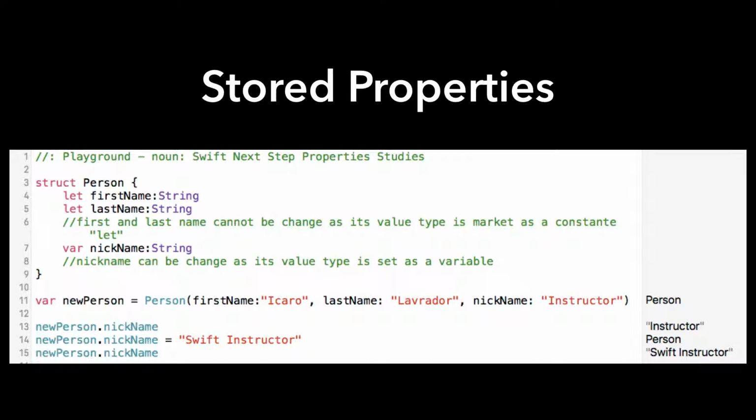Then when I call person.nickname, you can see on the corner it says Instructor. Then I'm changing the value of Instructor to Swift Instructor. And then when I'm asking again for person.nickname, it gives me Swift Instructor. So that's what stored properties are.